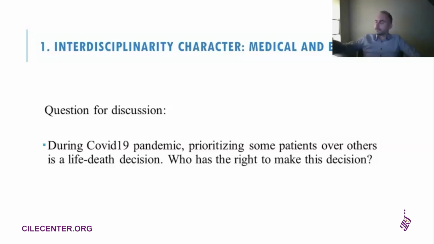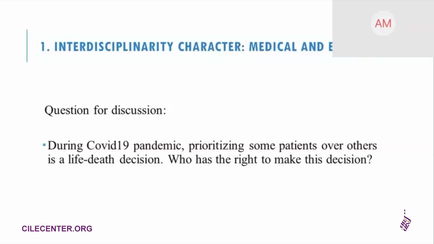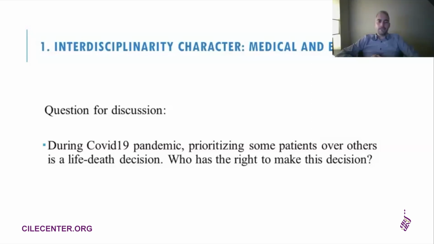I think it's quiet. I'm not sure if anybody has the right to make the decision, because the right here is assigned. So somebody assigns this right to someone. Because at the end, patients will go.